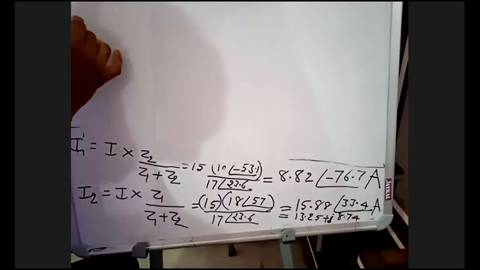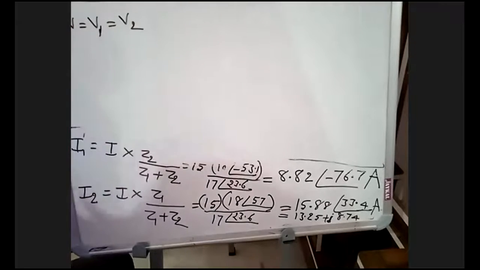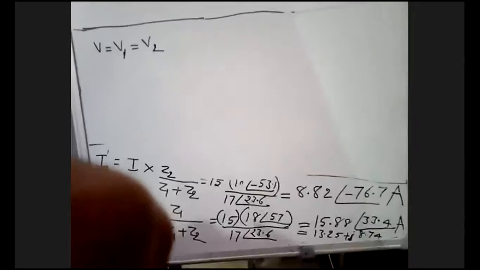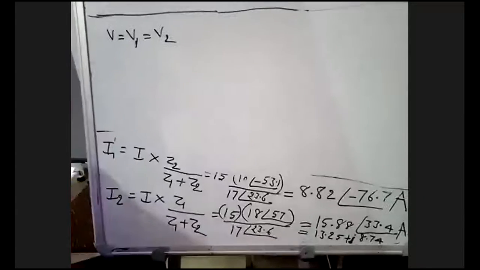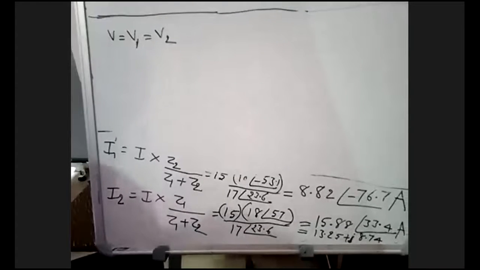So V is equal to V1 is equal to V2, because all are in parallel. In parallel, voltage is the same.